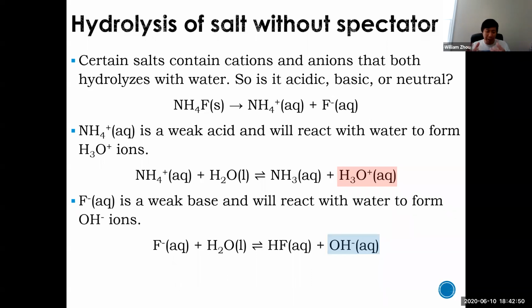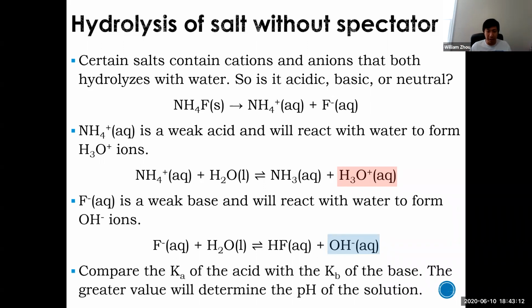So it all depends on how much H3O and how much OH you produce. It's like a competition to see who can beat the other. Whoever wins in producing a greater amount of H3O or OH will dictate the acidity or alkalinity of the solution. And what can tell you that? The Ka and the Kb.